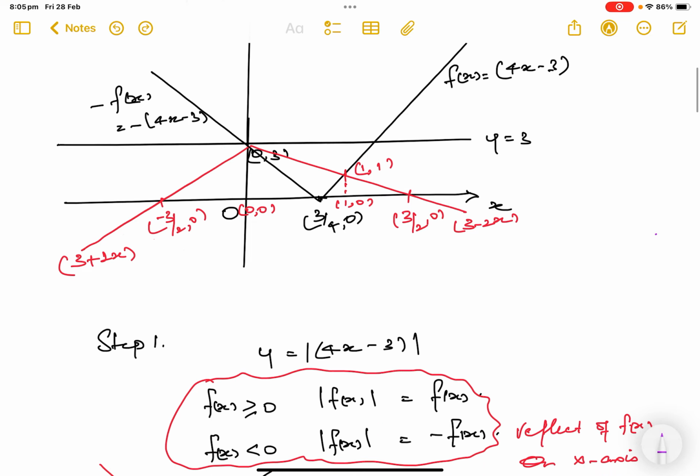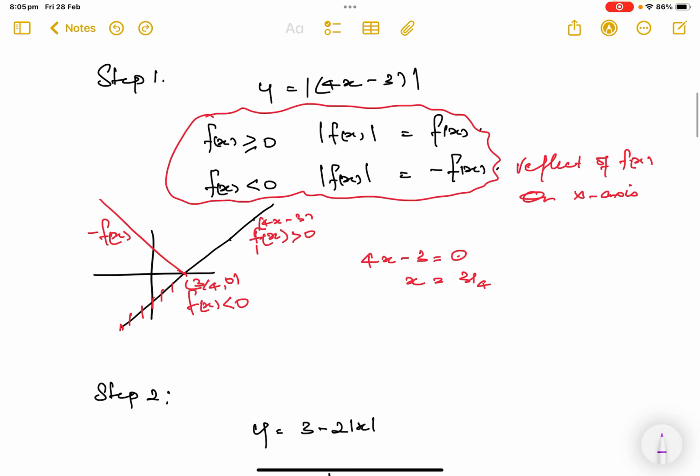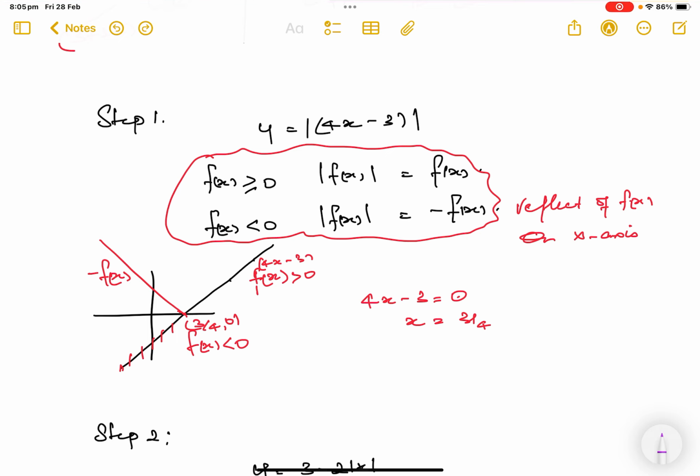Just to start with, take the first one, the modulus of 4x minus 3. We call this one f(x).